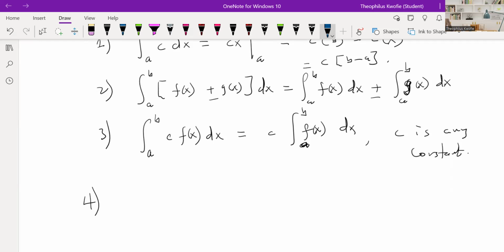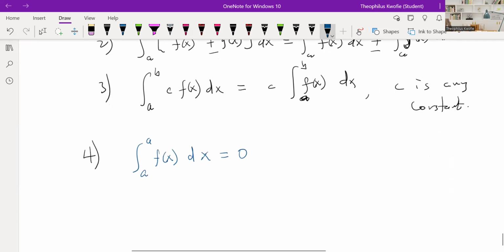Suppose that an integral has the same limit. If they have the same limit, it just means that the result will always be zero. This is a very important result in mathematics. So I would want you to please take note of that.